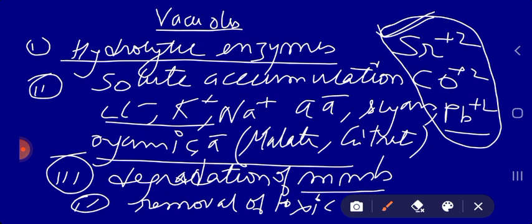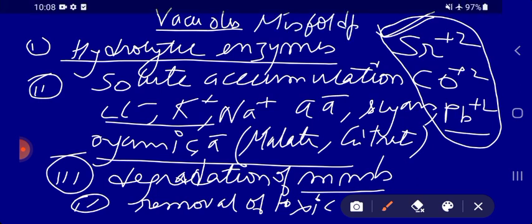Then they also help in lysis and recycling of the misfolded proteins that have begun to build up within the cell. Misfolded proteins are those which are not folded properly, and misfolded proteins are non-functional or can cause abnormality, so they have to be removed from the cell.